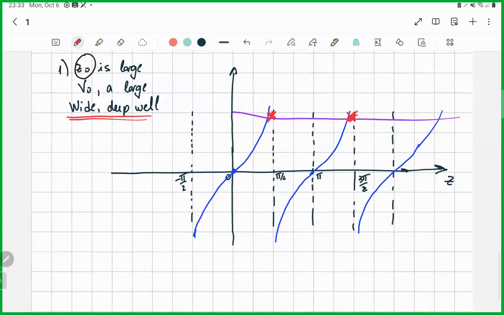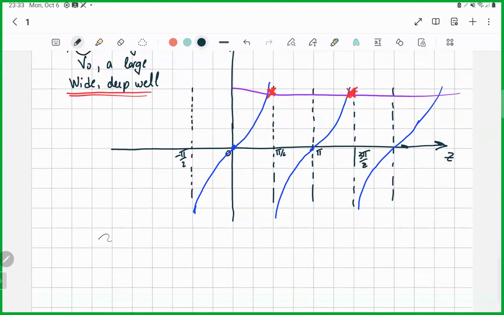So the solution will be very close to pi over 2.